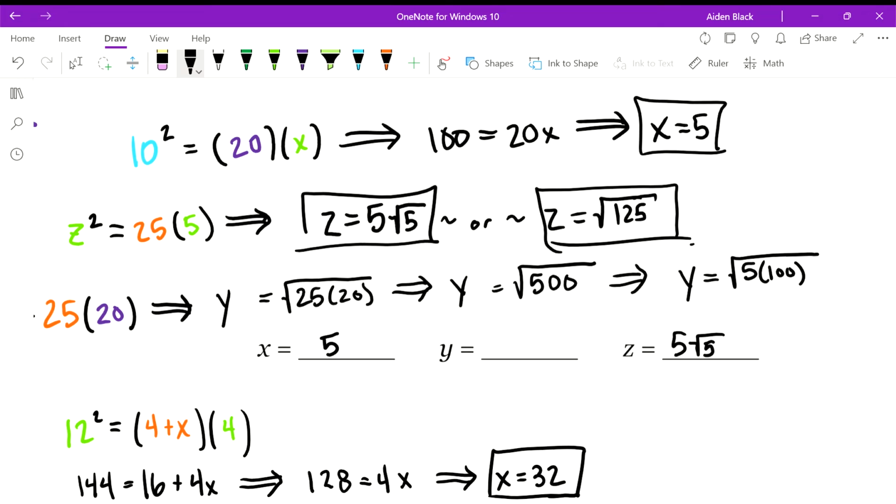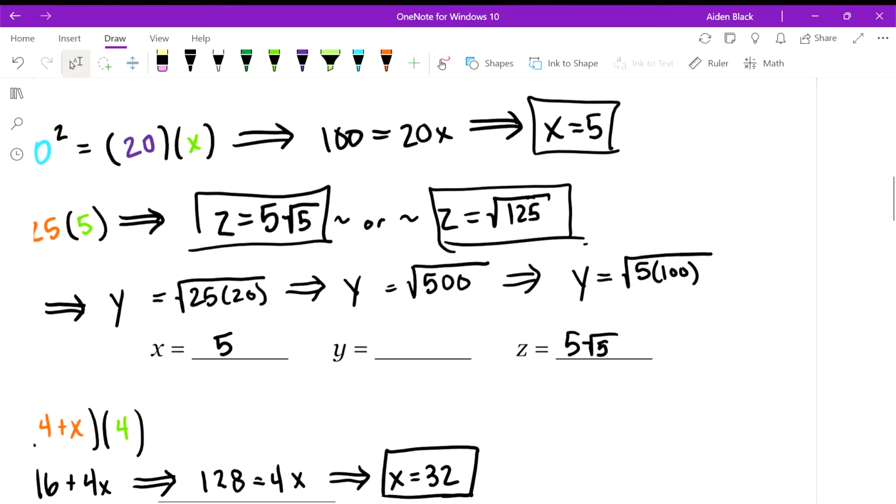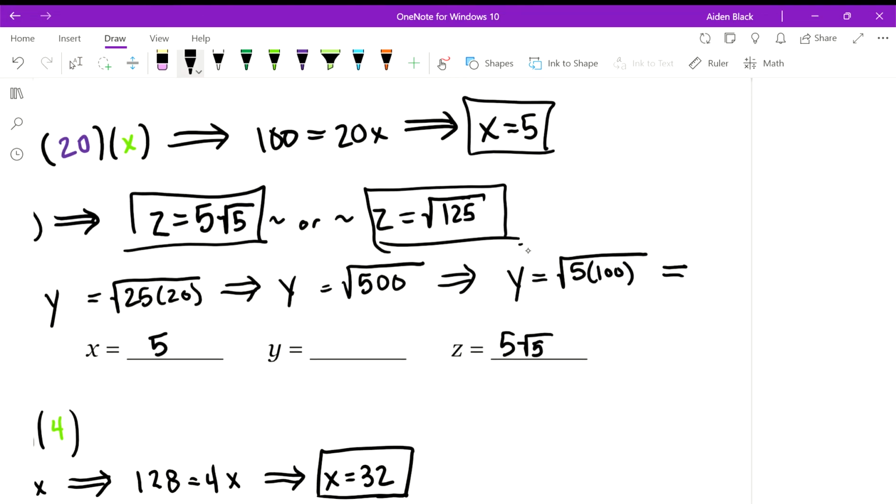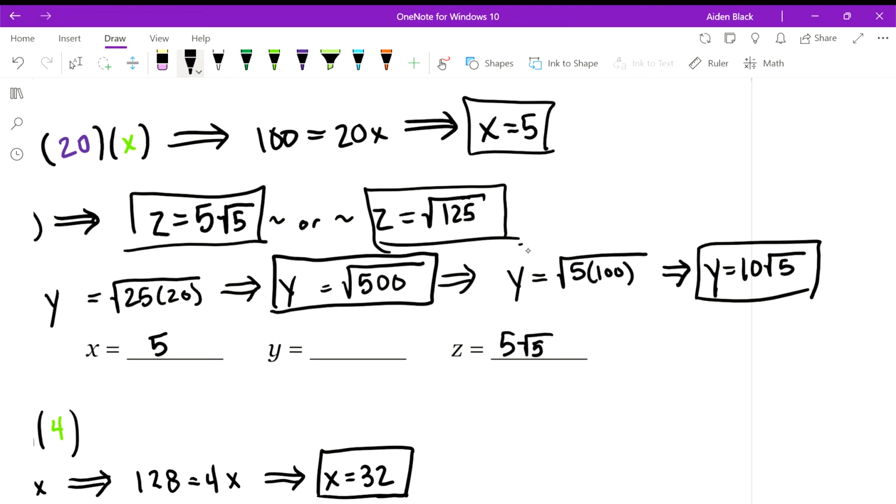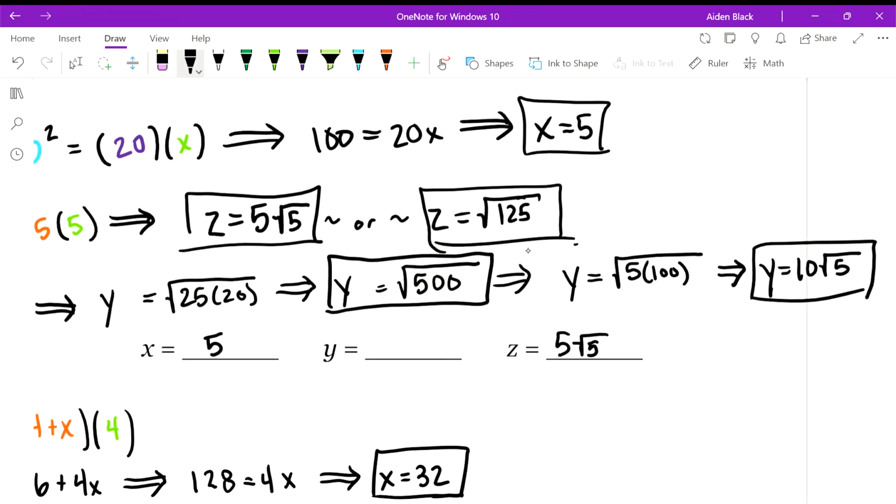And 100 is a nice square. So again, this is technically your answer, but we can reduce it to make it look like this. If we take out the square root of 100, which is 10. So whether you write this one here or this one here, you're still getting the right answer.